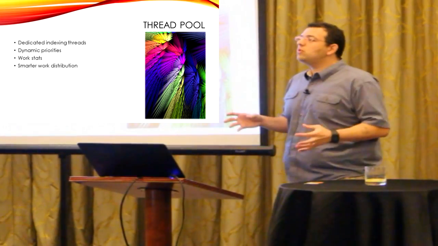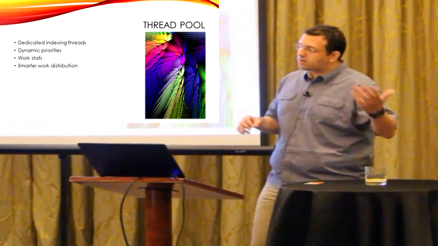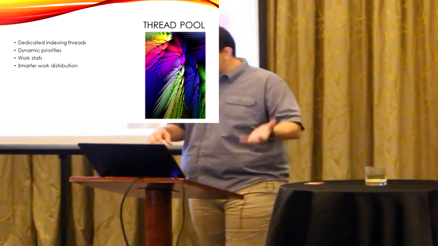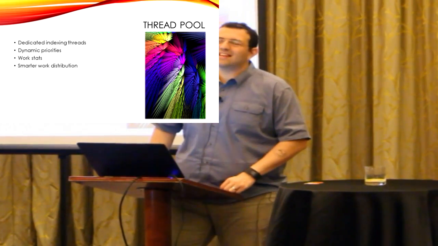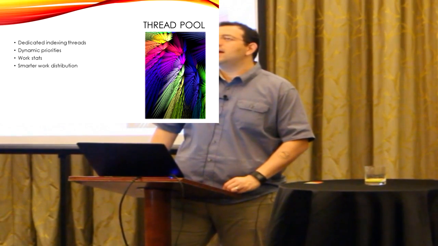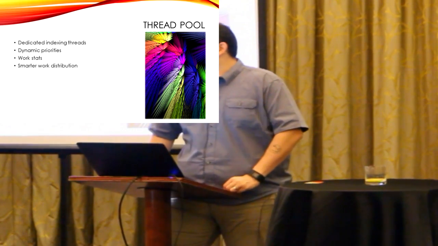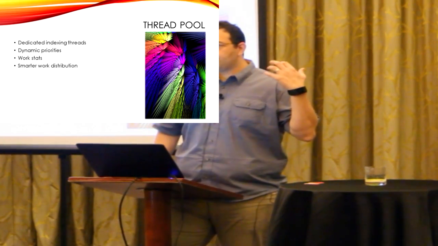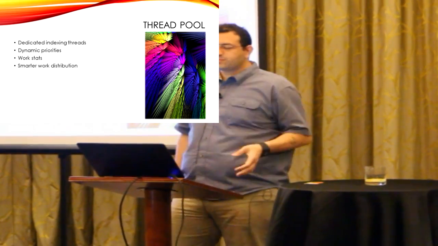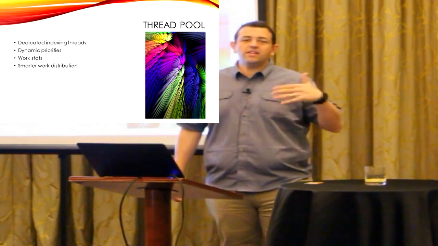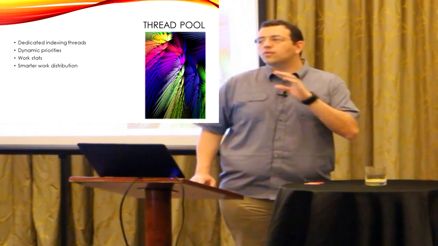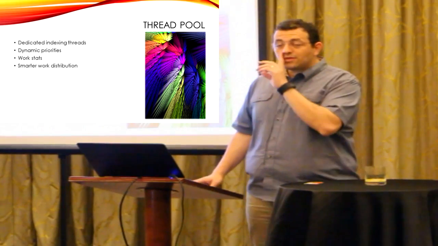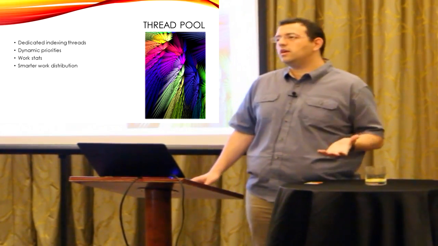The thread pool will introduce new threads into the pool over time, but this takes time. It also means that I'm indexing and handling requests on the same set of threads, all of which means that we have a lot of problems. So we created our own thread pool dedicated just for indexing work. That gives us a few really interesting features.